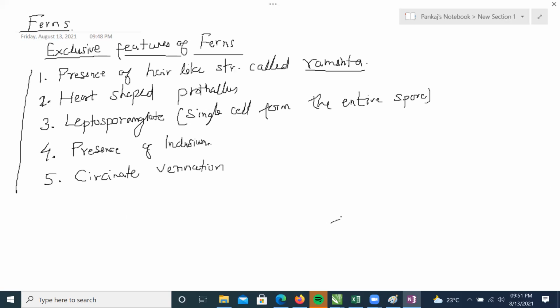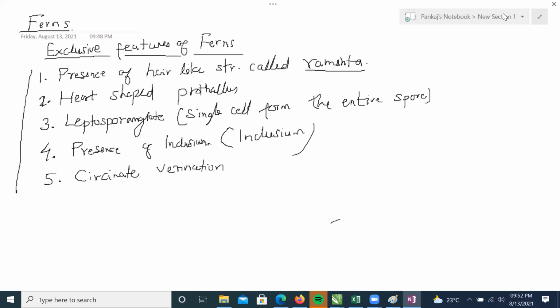We have drawn the structure in the diagram now. Right. Done, sir. Okay.